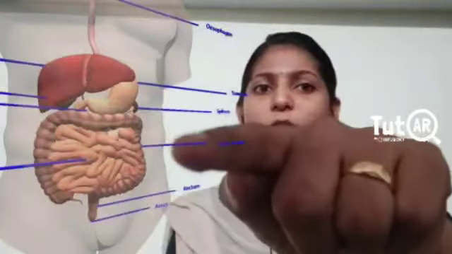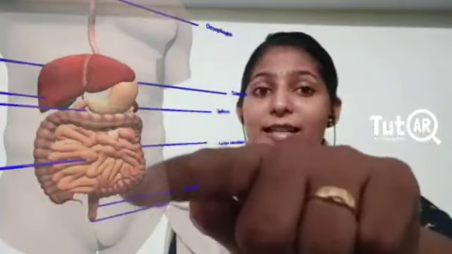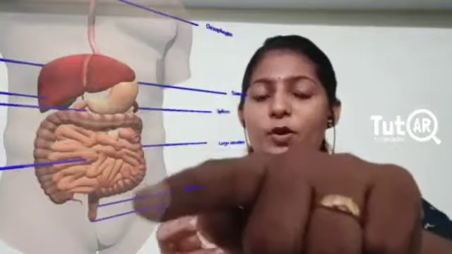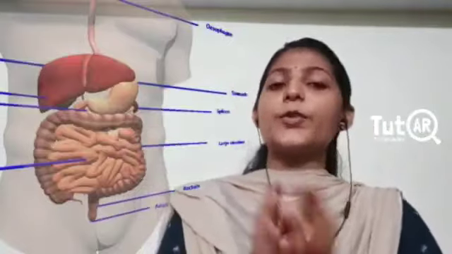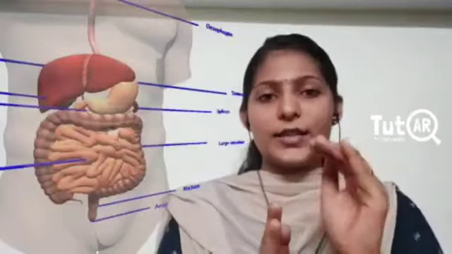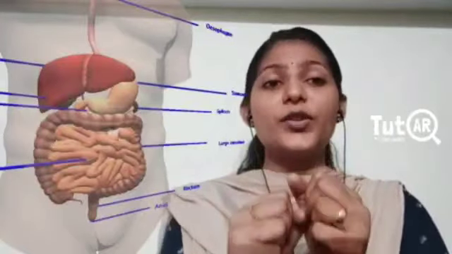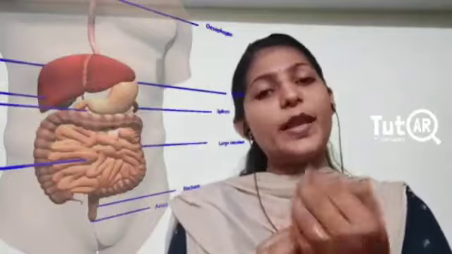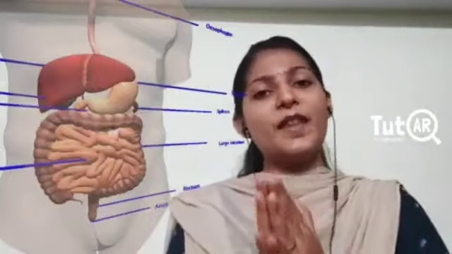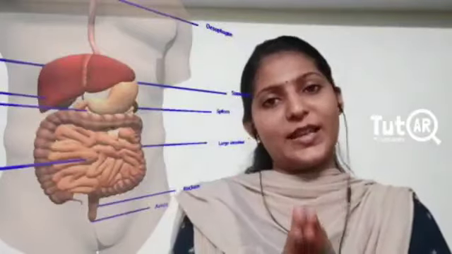It will go along the large intestine and finally be deposited in the rectum region. And there is a sphincter muscle in the rectum and anal opening which controls the motion. This is what is eliminated from the body as fecal matter or excreta.